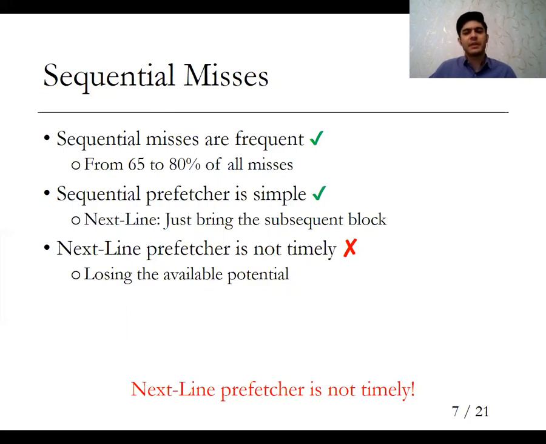For example, the next line prefetcher just prefetches the subsequent block whenever an instruction block is demanded. However, it has an important shortcoming, that is timeliness. Prefetching a single block ahead of the demanded block cannot cover the large number of clock cycles required to fetch the block from the lower levels of the memory hierarchy, which results in stall cycles and performance loss.